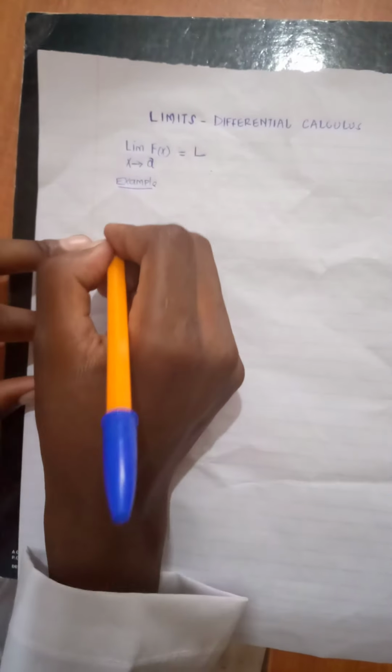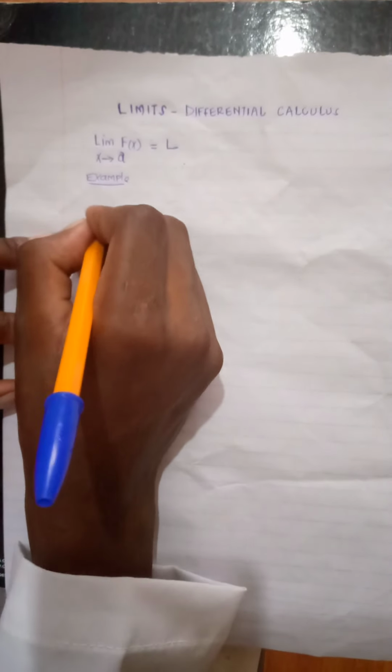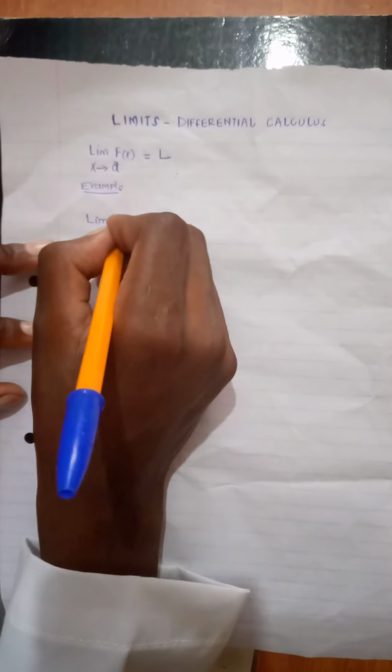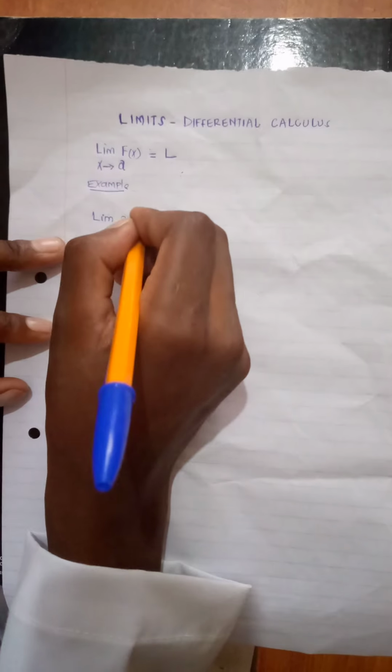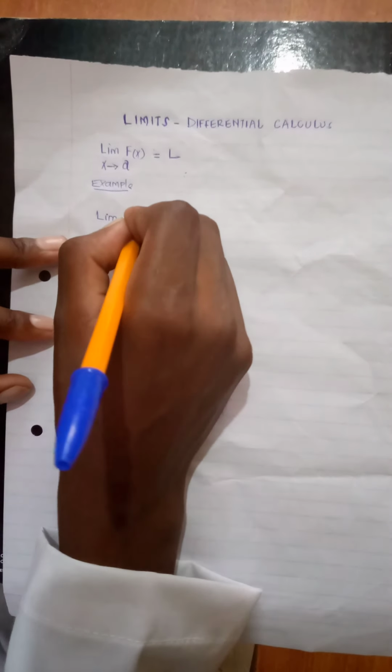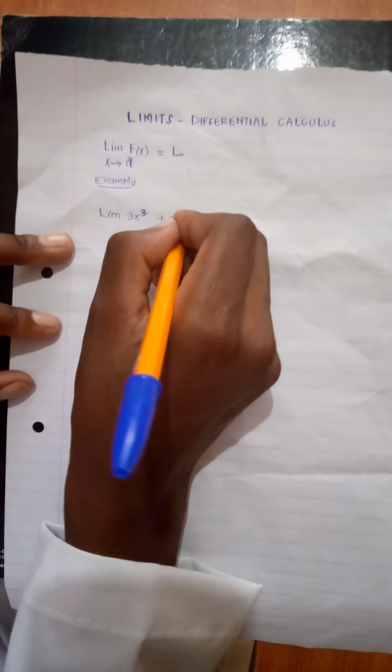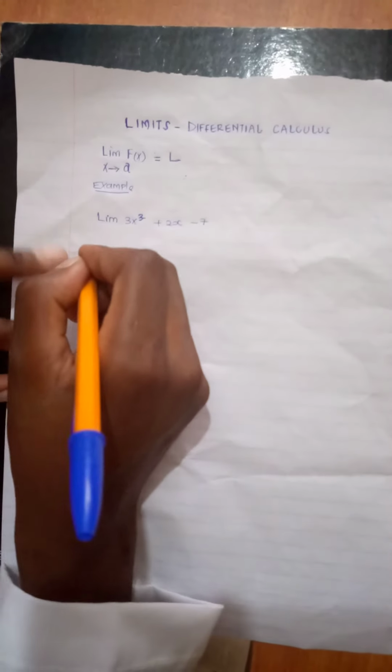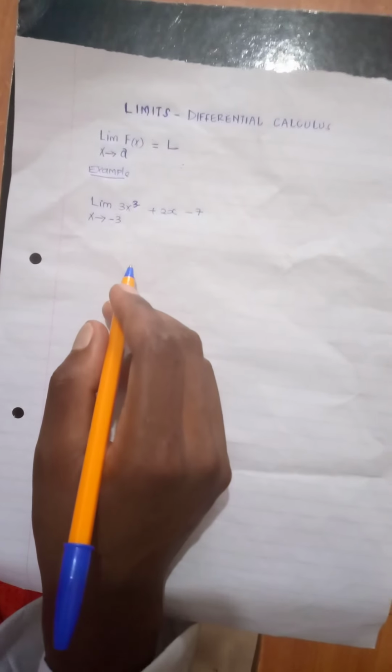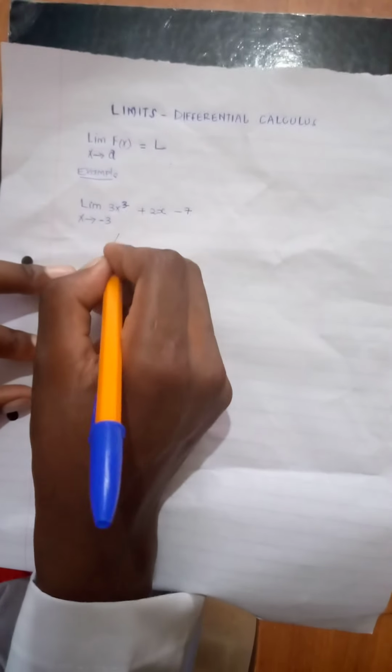Let's take, for example, the limit of 3x cubed plus 2x minus 7 as x approaches negative 3. In this equation, we make only one assumption, that x is equal to negative 3.